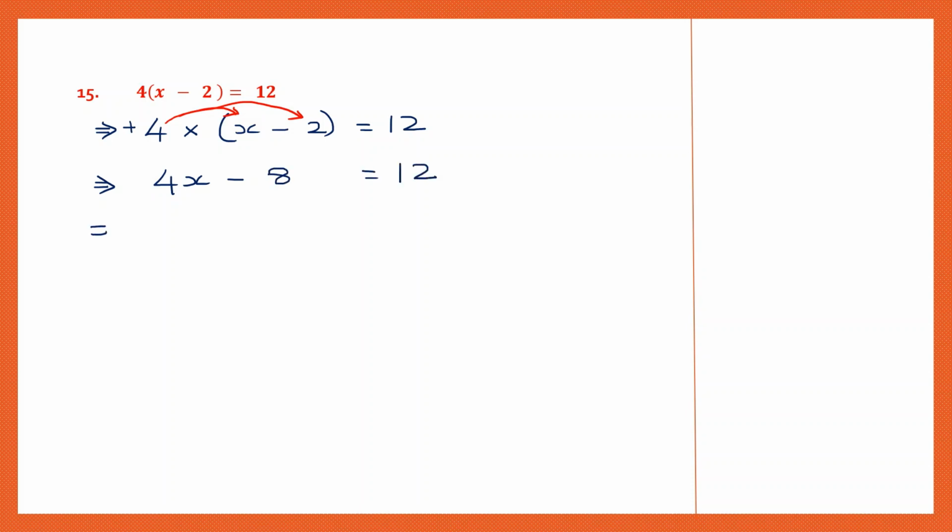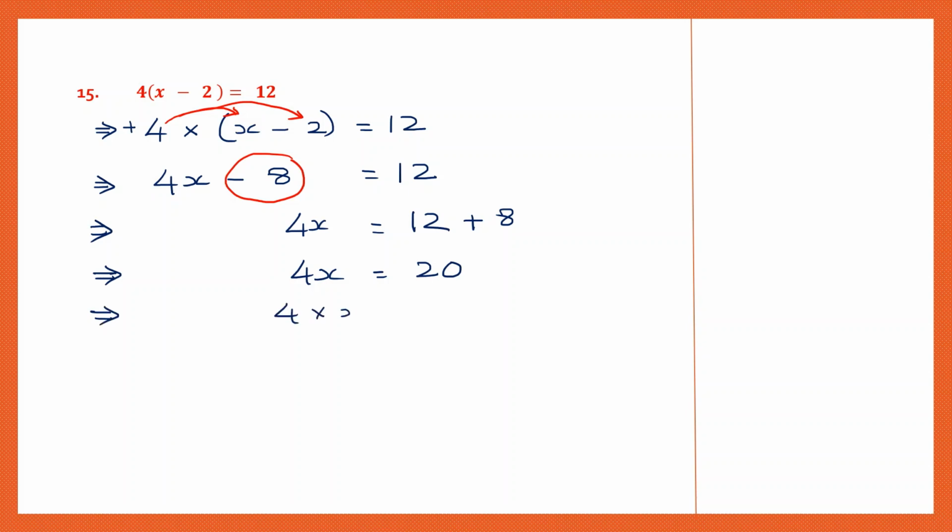So here, let's put all the x here to one side. So that is 4x is equal to 12, and we are going to transpose minus 8 to the right hand side. It becomes plus 8. So to find the value of 4x, 4x is equal to 12 plus 8, we have 20. So 4x means 4 into x is 20.